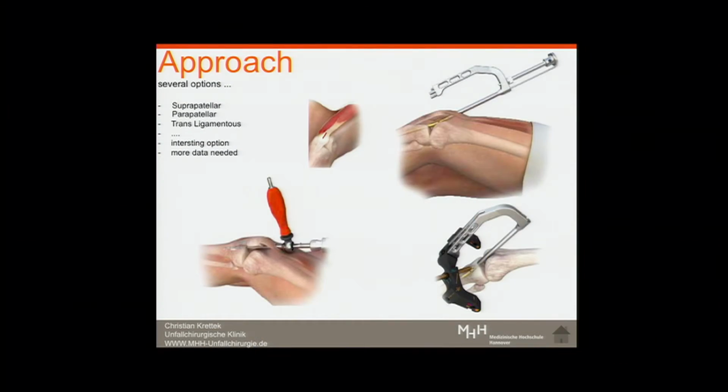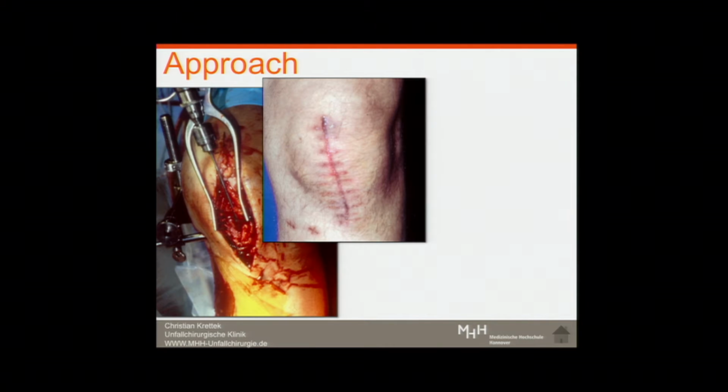amputation. Approach is absolutely crucial for this, and nowadays we have some more options: suprapatellar, parapatellar, transligamentous approach, and I think it's worth to follow these new approach options, but we, at least from our point of view, need more data, especially on the side effects on cartilage and the rest of the joint, before we can recommend it in a more general way.